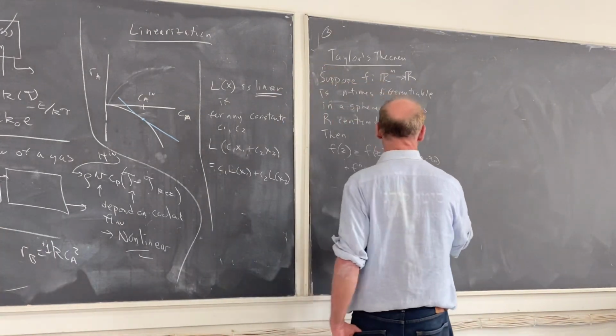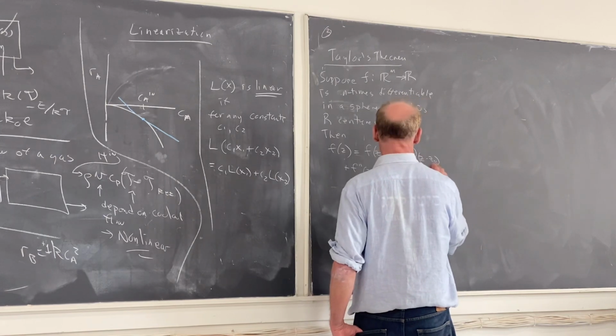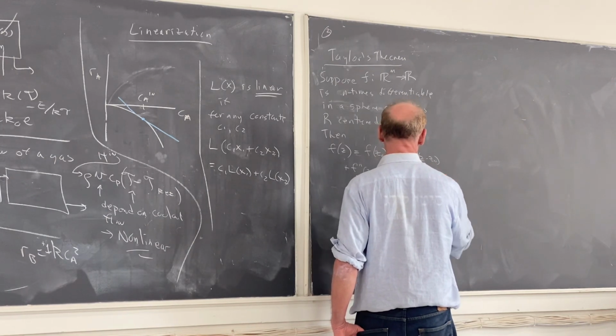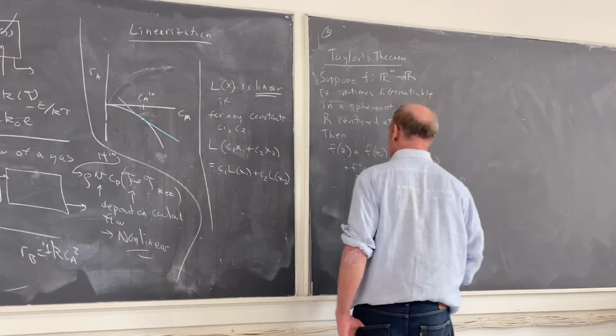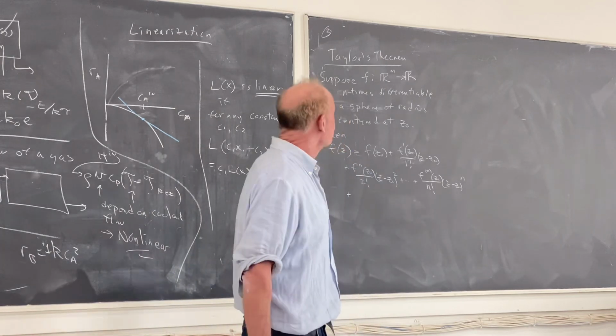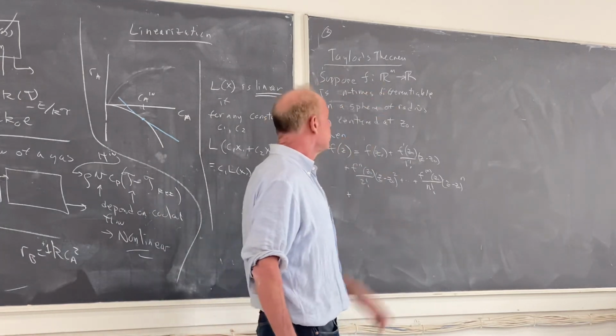Plus f^(n)(z0) over n factorial (z minus z0)^n plus, now I can't go forever because I've only assumed that it's n times differentiable.